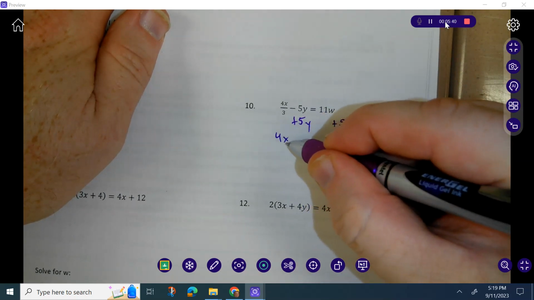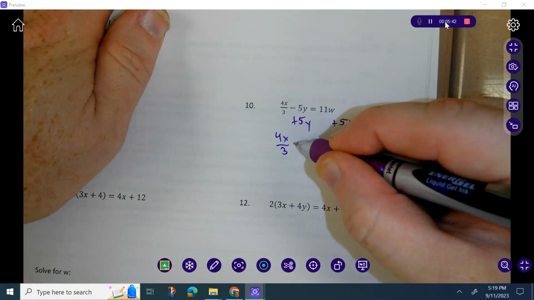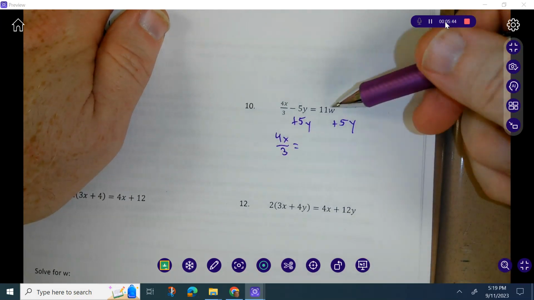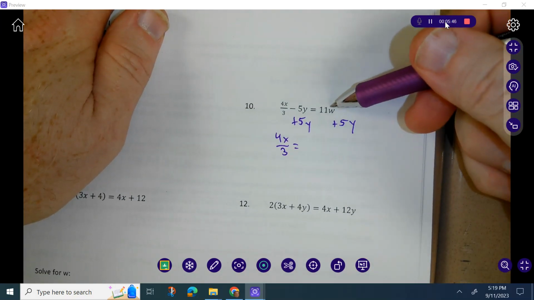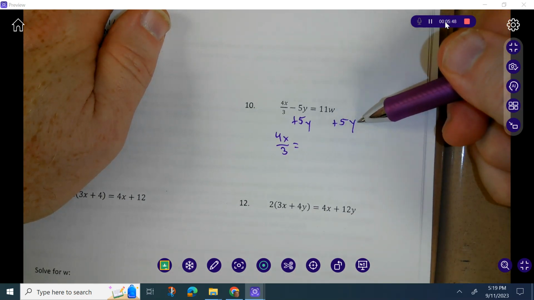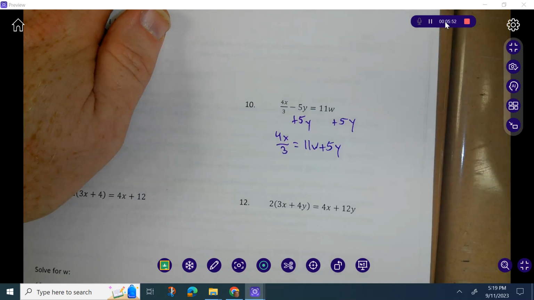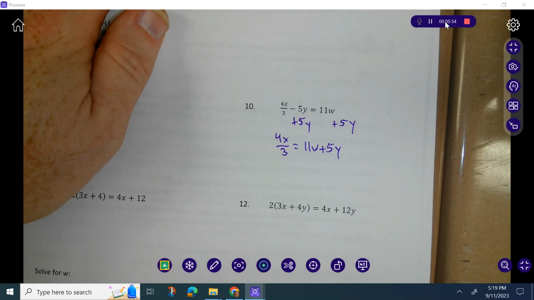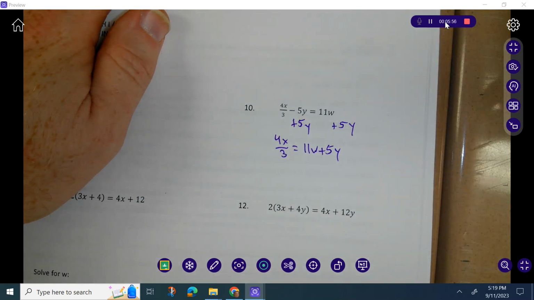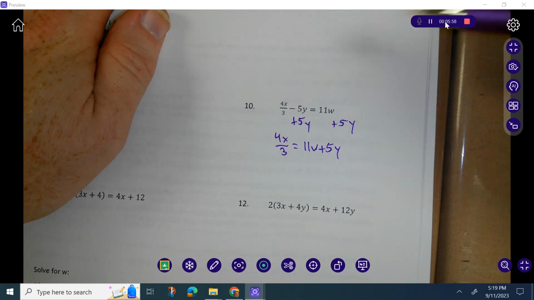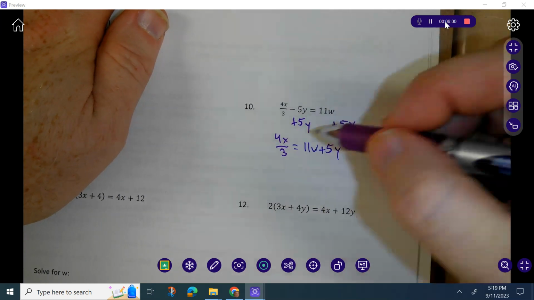So I'm left with 4x over 3 equals. I have no idea what 11w is or what 5y is, so I have to keep them as such. Now, because I have a fraction here, I'm going to multiply both sides by 3.